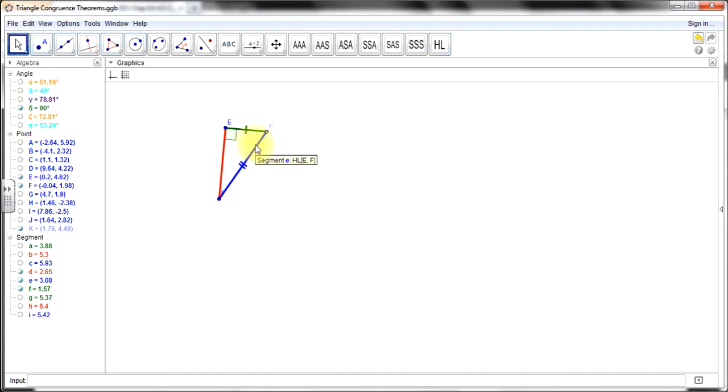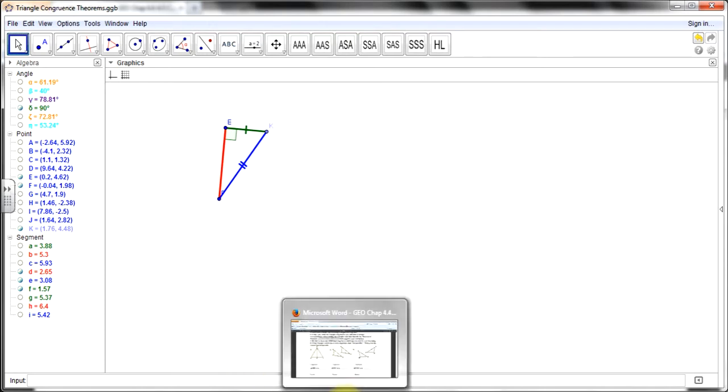Okay, so if we know that the hypotenuse of a right triangle, that's the longest side of the right triangle, and one of the legs are congruent in 2 triangles, then we know the triangles are congruent. Right? So we went through all that exploration a while ago before Christmas break.